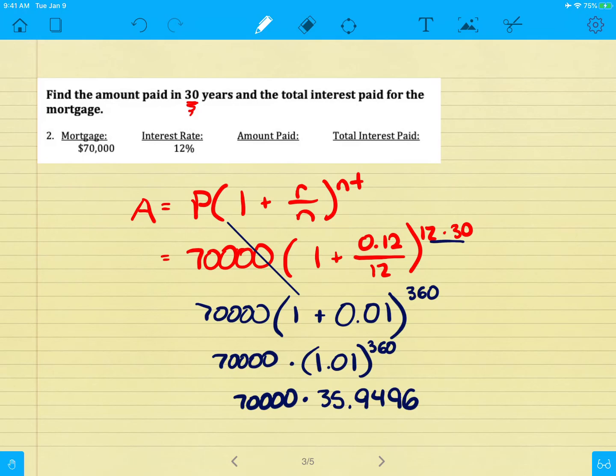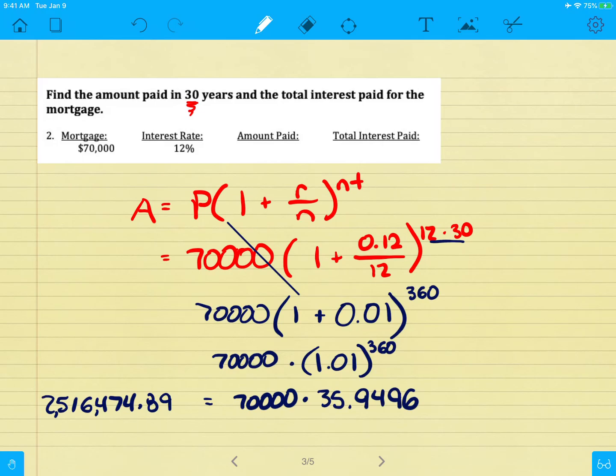And this ends up being what you pay in the long run, and I'm just going to round this off, $2,516,474.89.